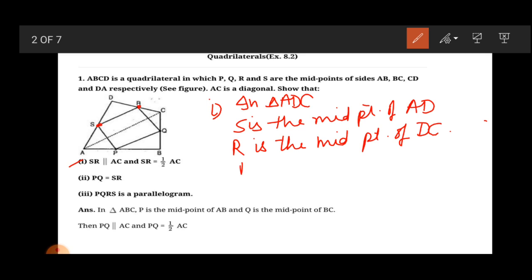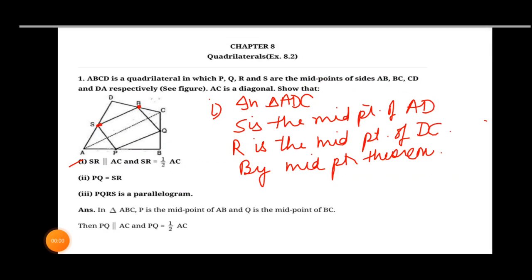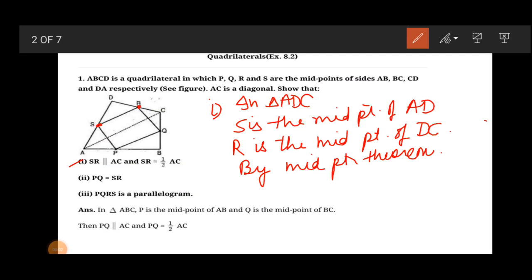So, by the midpoint theorem, the line segment joining the midpoints of two sides of a triangle is parallel to the third side. So, SR is parallel to AC and SR is equal to half of AC.